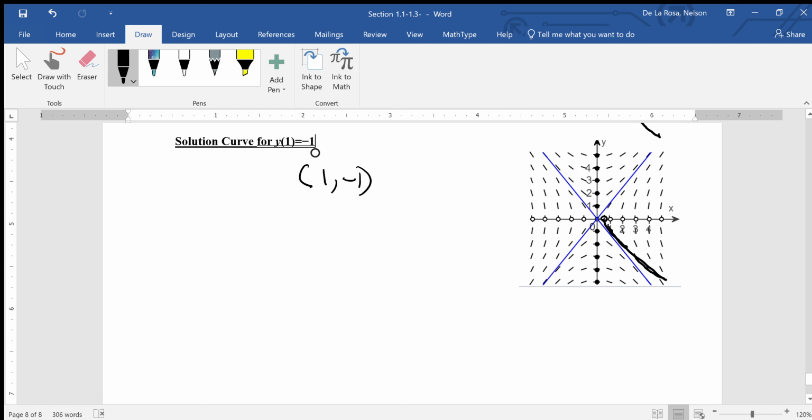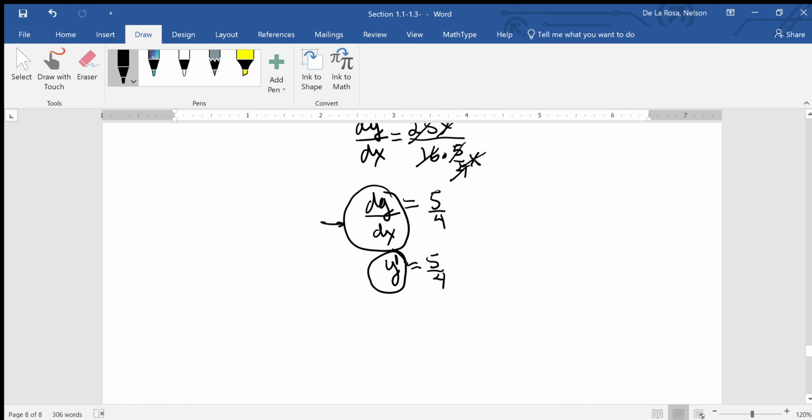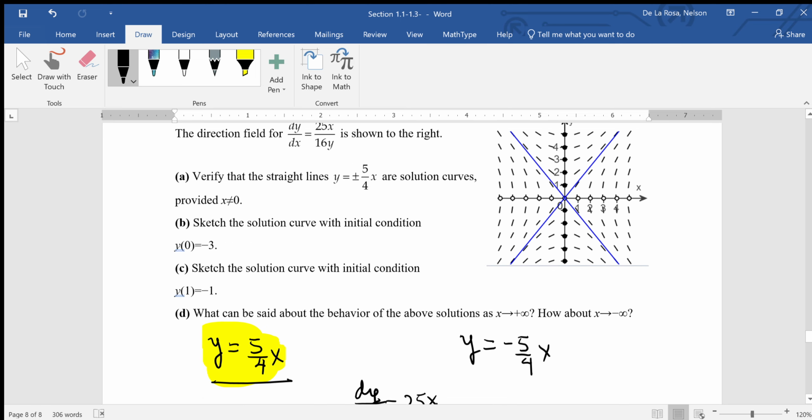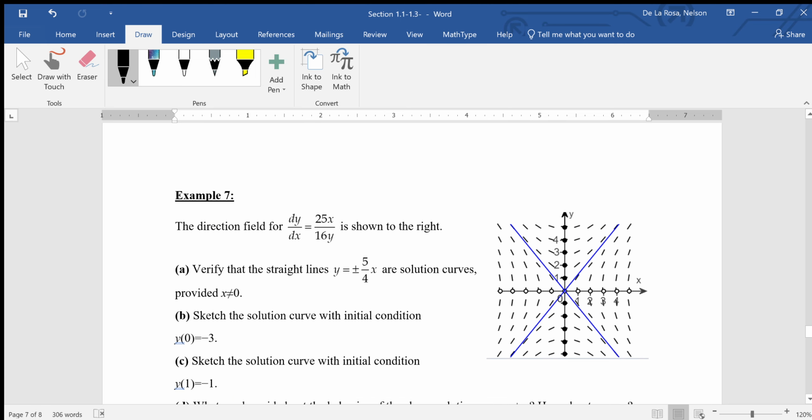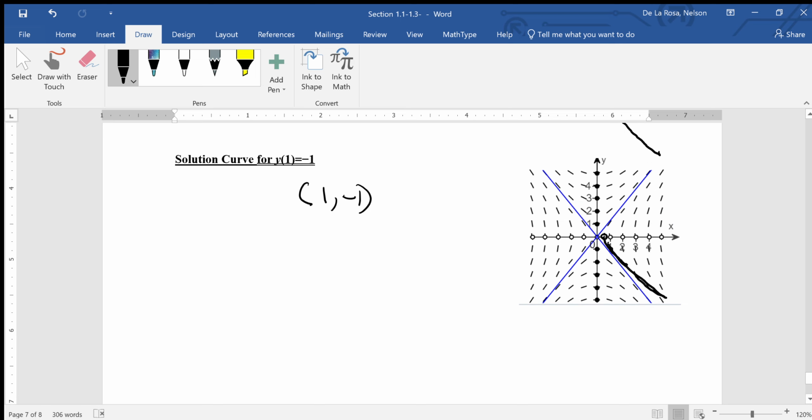Because in the statement of the problem, you're given a condition that x must be different to 0, and that is imposed by the problem, because at x equal to 0 we may have problems.